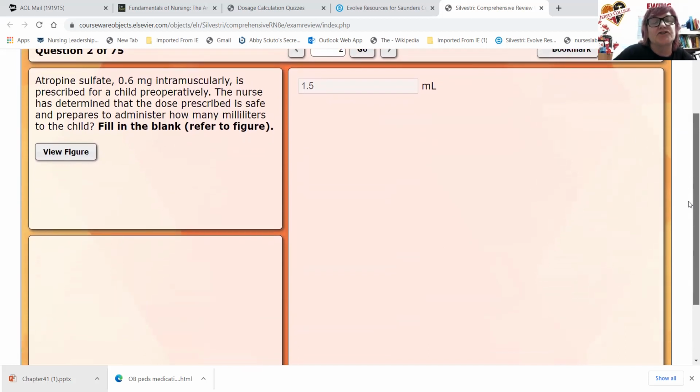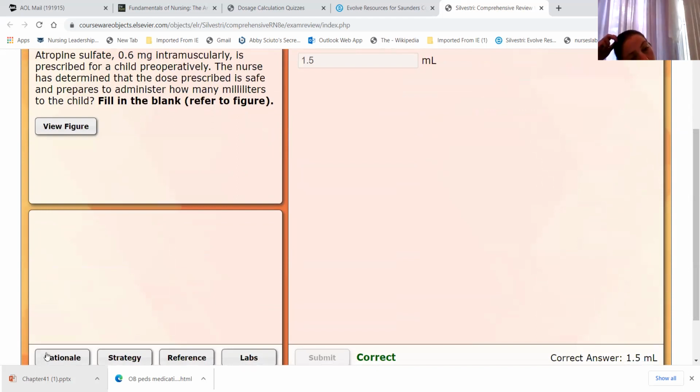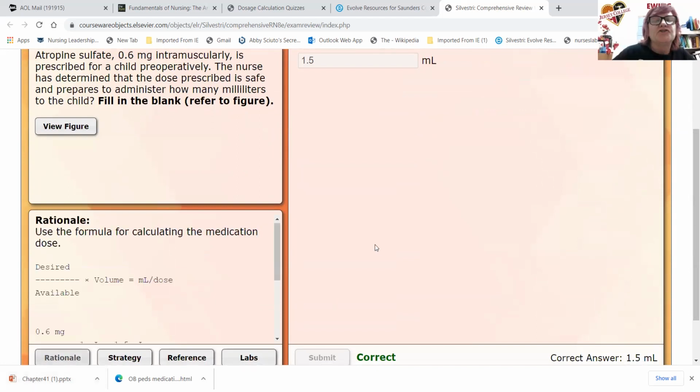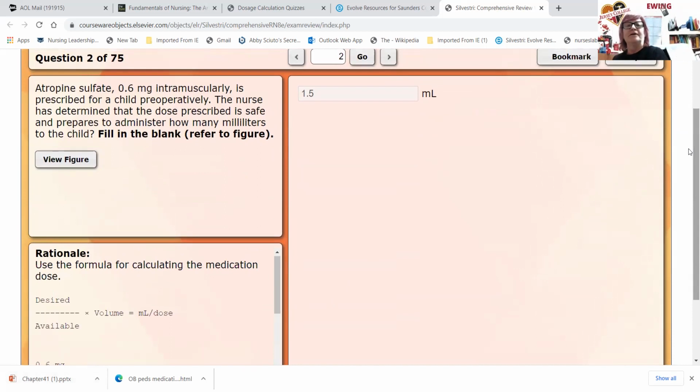Anybody need to see that rationale? Can you just go over it really quick? Sure. So we have an order for 0.6 IM, okay? And what we have on hand is what? 0.4 per 1 ml. So doctor's order is for 0.6.